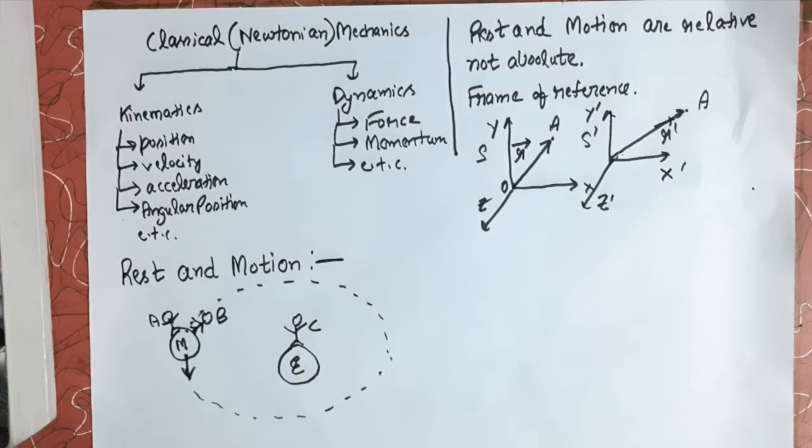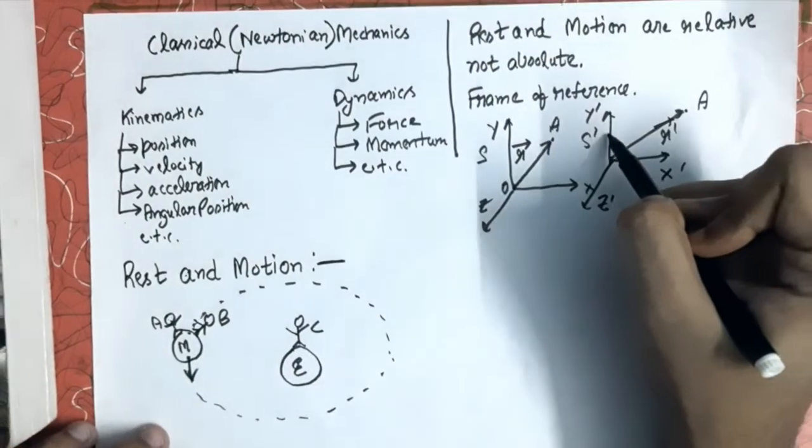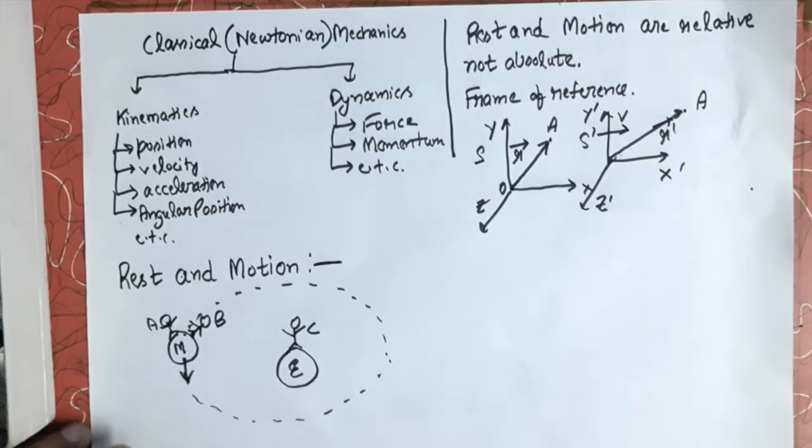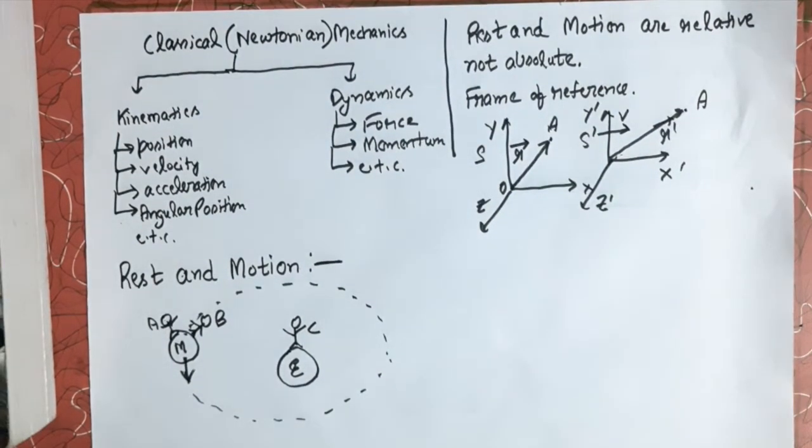Now as far as rest and motion, suppose this S dash frame is moving with some velocity v. We'll come to what velocity is later on. You can consider it for now as the speed with which this frame of reference is moving towards the positive x direction.